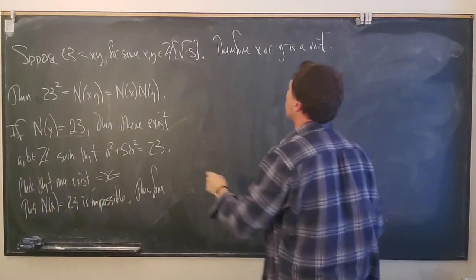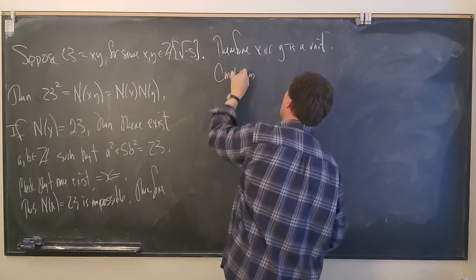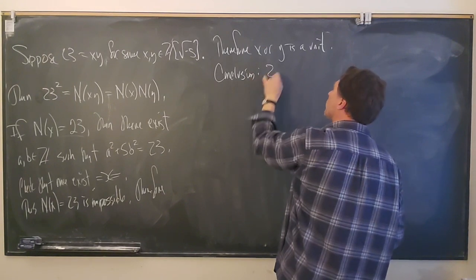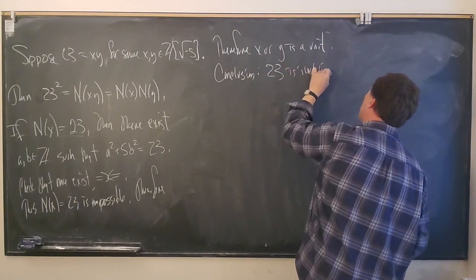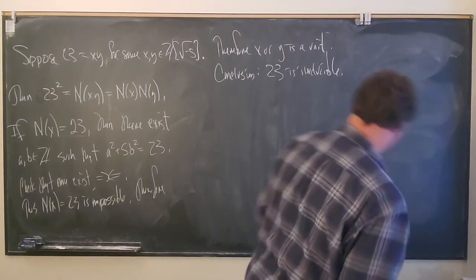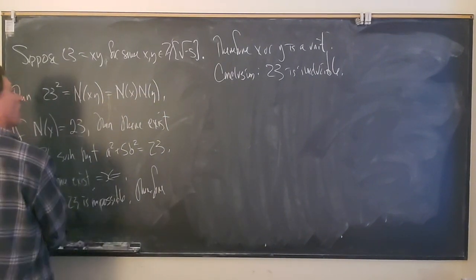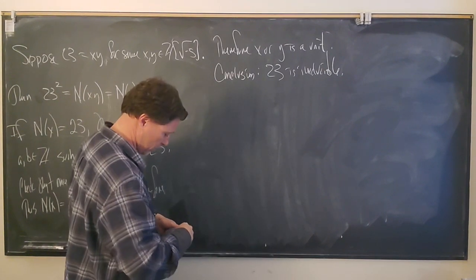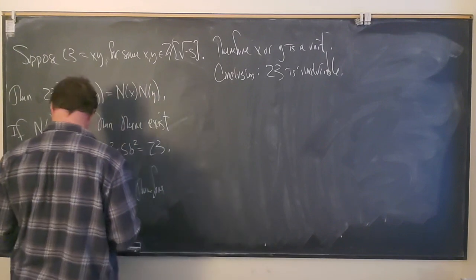And so our conclusion is that 23 is irreducible as well. Okay, so now we just need to think about 1 plus or minus 3 times square root of minus 5. And one of those is a homework problem.